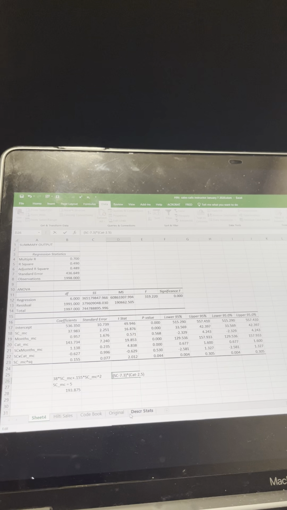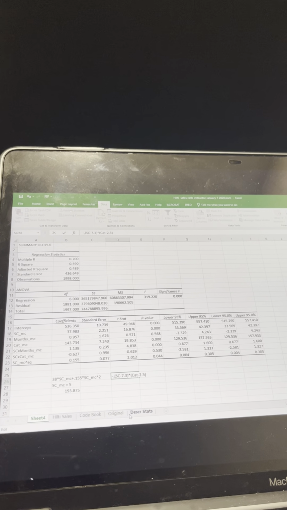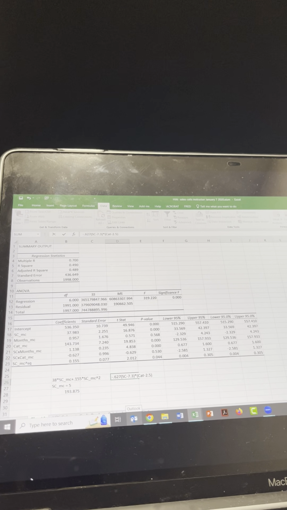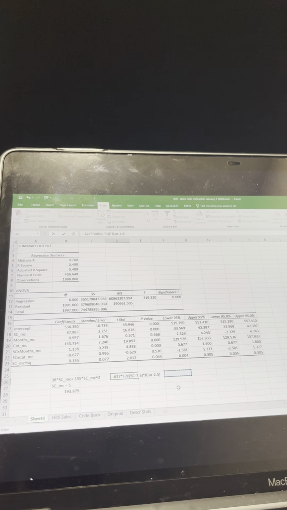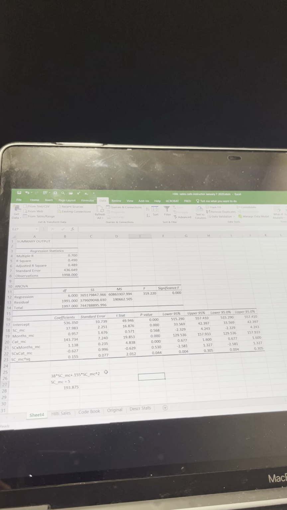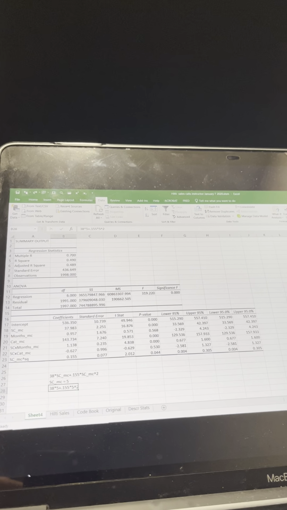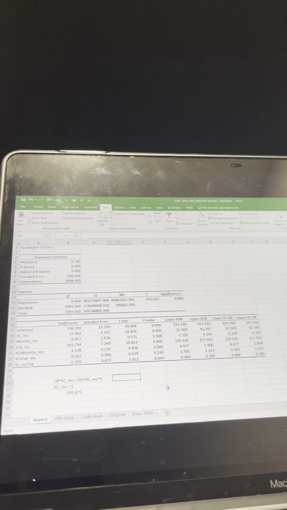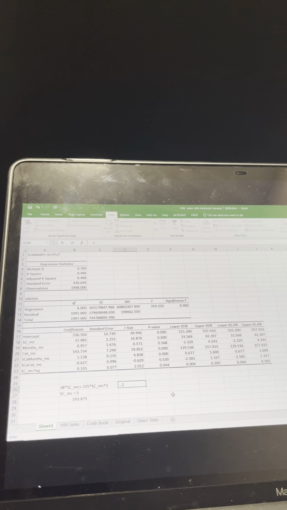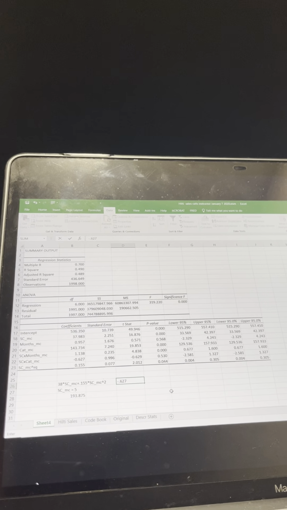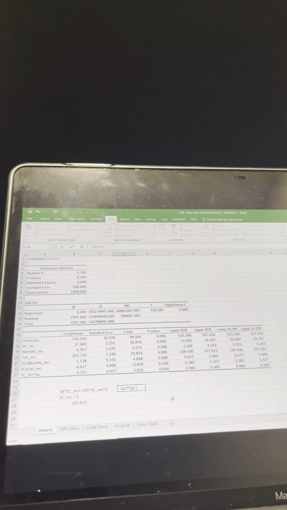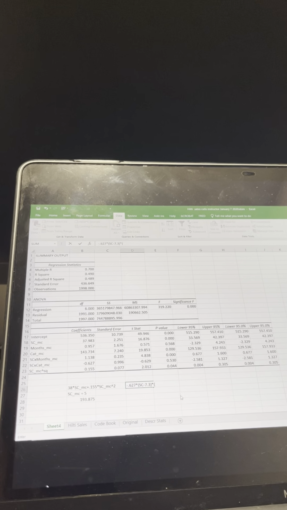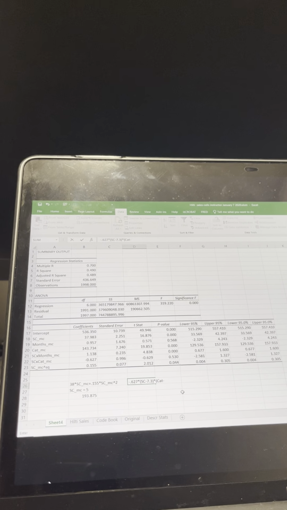It's the coefficient, minus 0.627, times sales calls minus 7.3, times categories minus 2.5, wasn't it? 2.5.